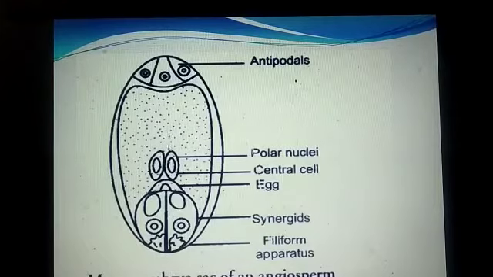Okay, so a mature embryo sac has 7 cells and 8 nuclei.